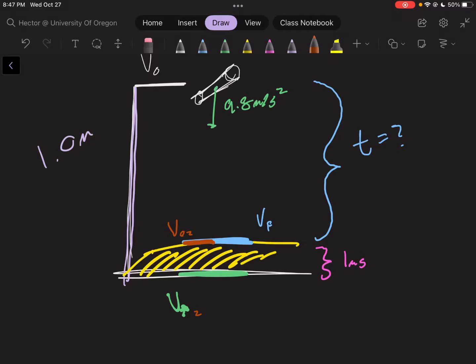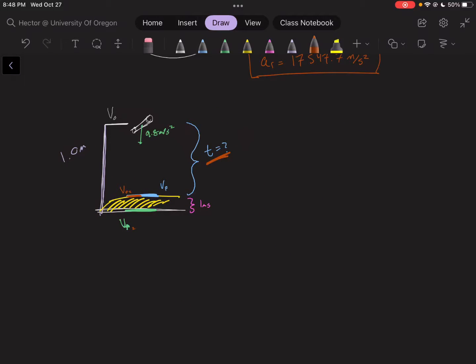First, we want to figure out how long it takes to actually hit the ground, so we can figure out how fast it's going when it starts to decelerate. What do we know? We know a distance, an initial velocity, and an acceleration.